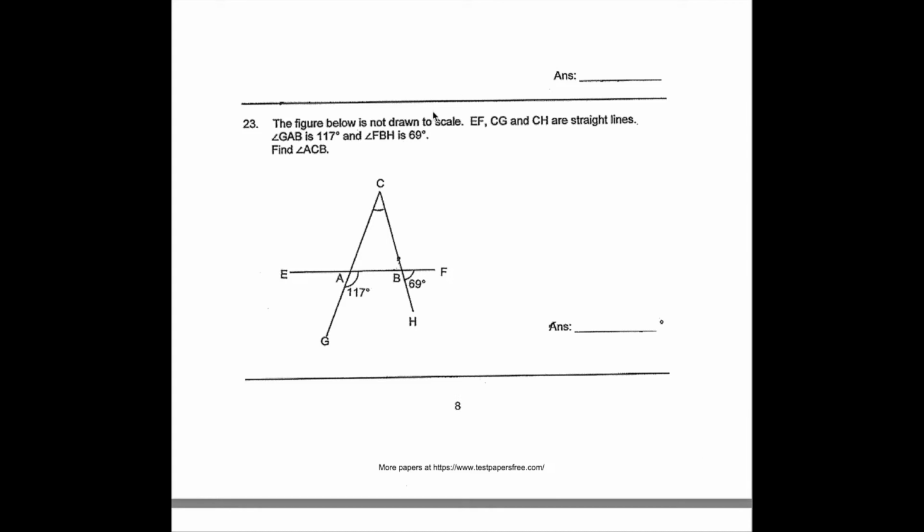Okay, so what should I do now? Like I said, let's use vertically opposite angles. So angle CBH will be equals to CBA, not CBH, my bad, will be equals to 69 degrees, because vertically opposite angles.